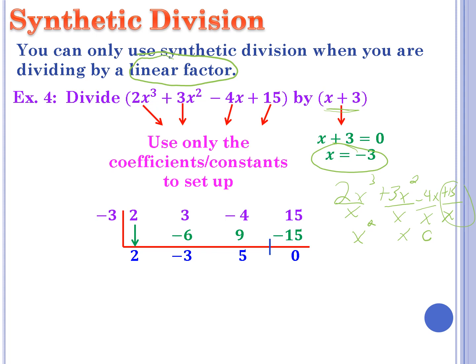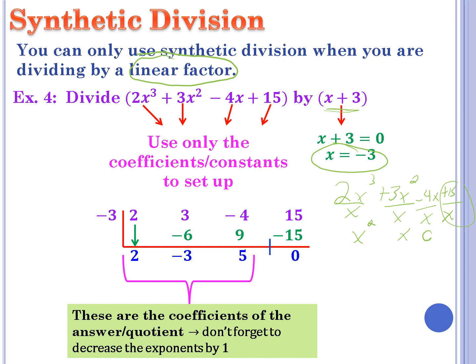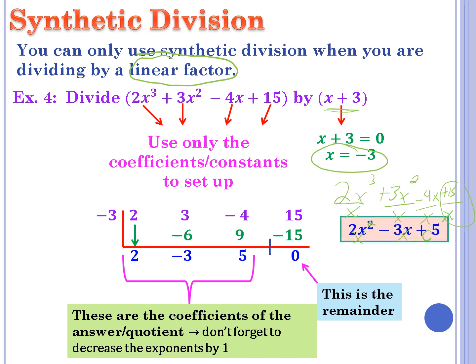Okay, so here's what we do to write the answer. We're dividing by a linear factor, so when we divide by a linear factor, it knocks every exponent down by 1. The first terms represent the coefficients of the answer, the quotient. So again, don't forget to decrease it by 1, and the last number represents the remainder. So let me erase my writing here.